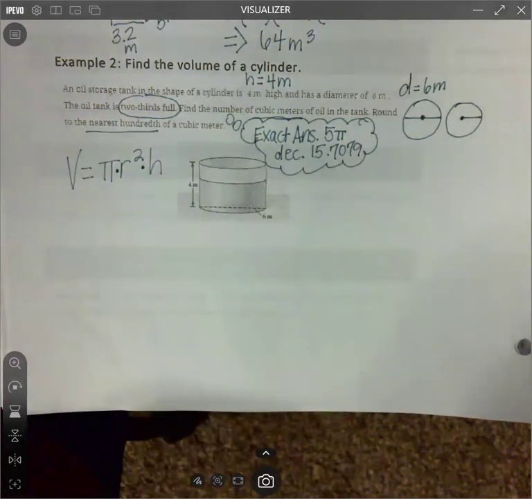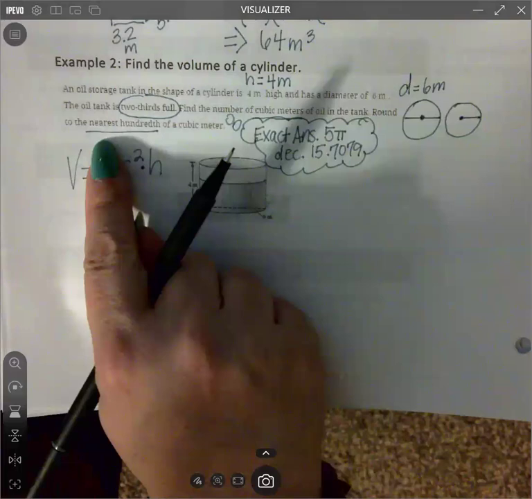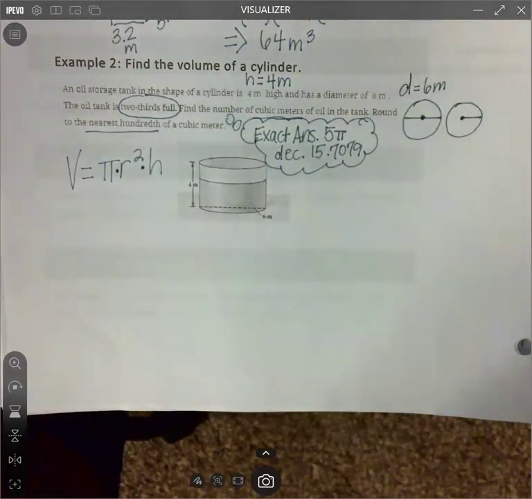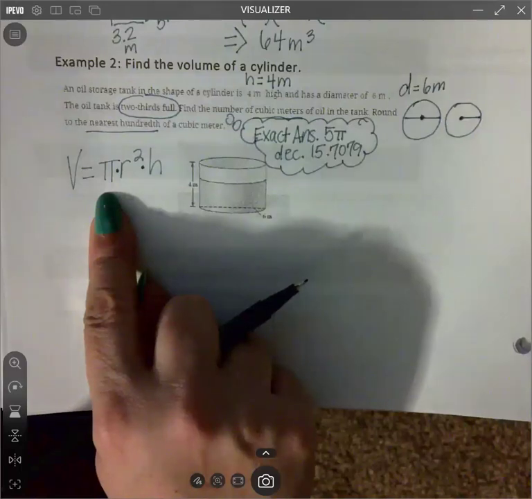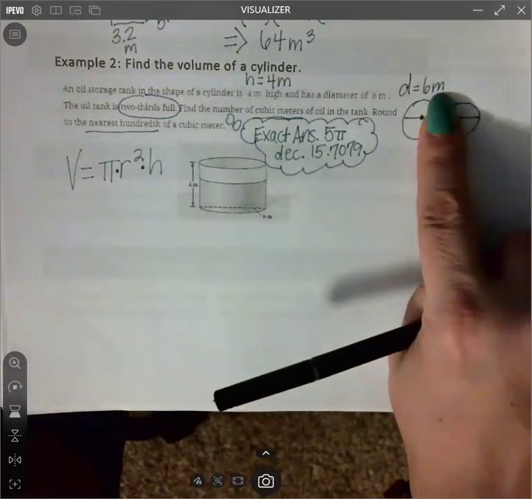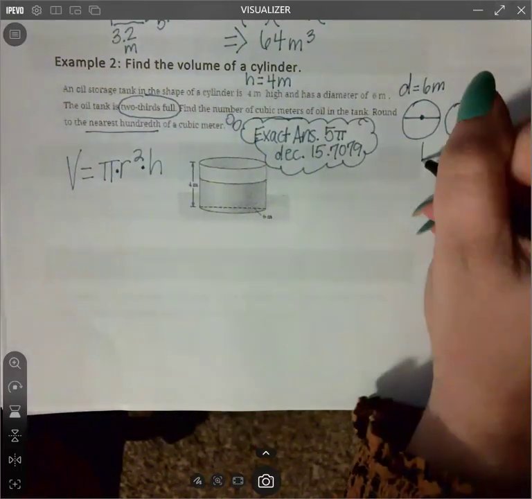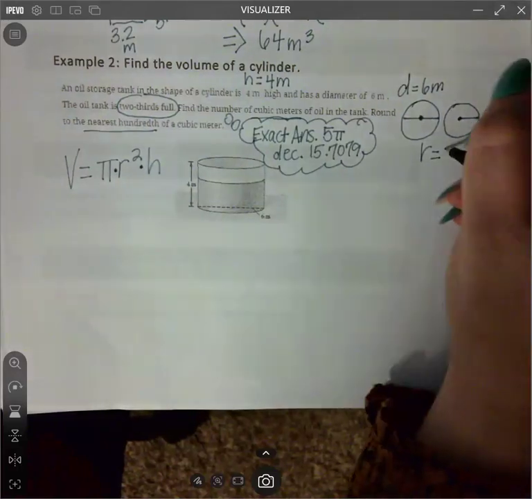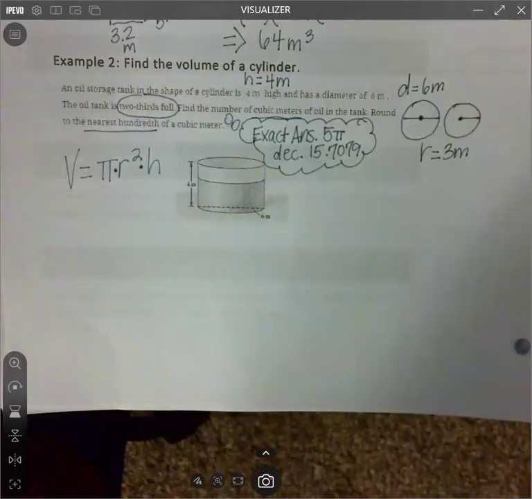So for this problem, we're going to be doing a decimal answer since it says round to the nearest hundredth. We're still going to use the pi button on our calculator, but we do need the radius. Well, the diameter is 6, so that means that the radius is what? Yes, half of that, 3 meters.